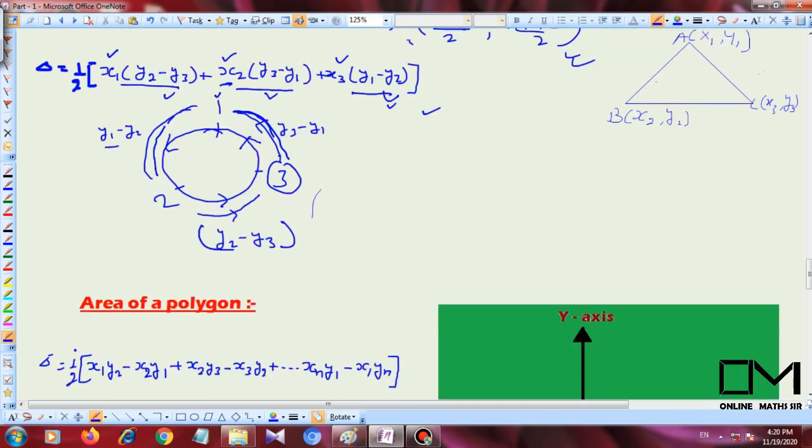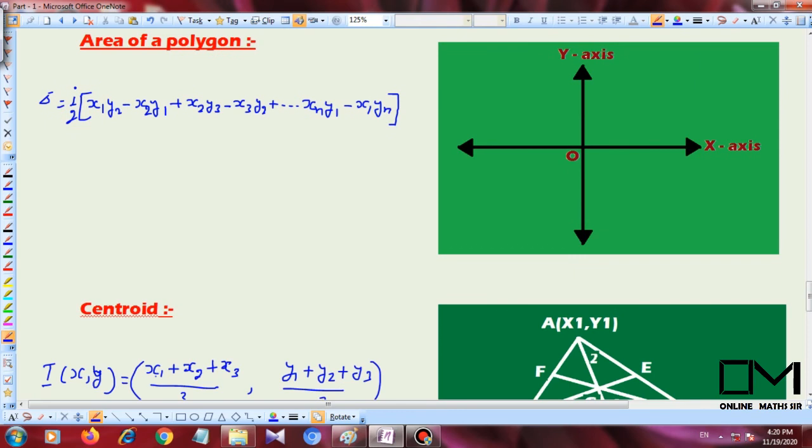Clear? Now next, how to find the area of a polygon? If a polygon has n sides, then you will get the area of that polygon. The general formula of area of a polygon is x y minus x y plus x y minus x y plus x y minus x y.